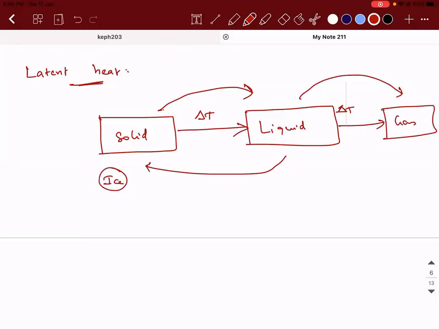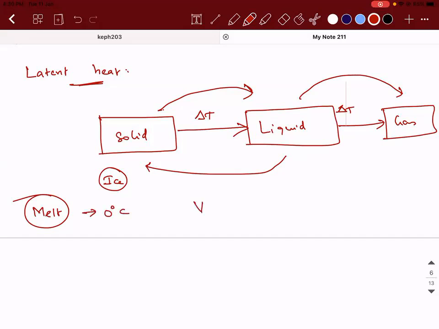Okay, so if you have to melt ice, what do you mean by melting? If you have to melt ice, then at what temperature can you do that? You can do it at 0 degrees Celsius.